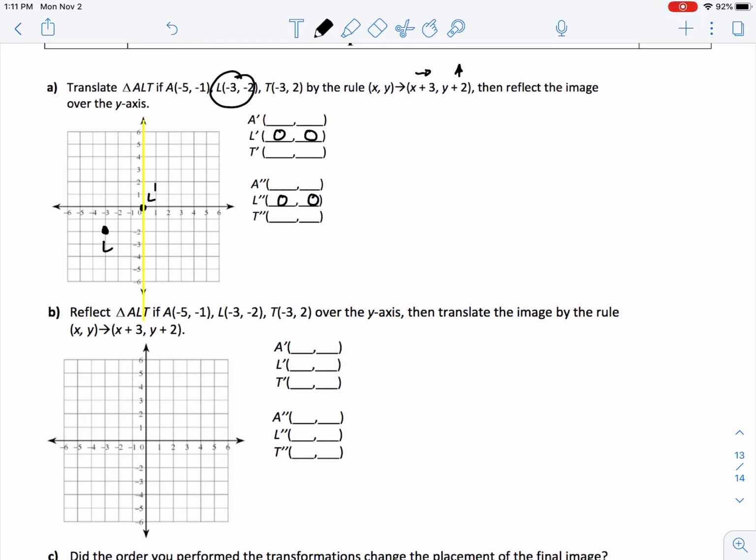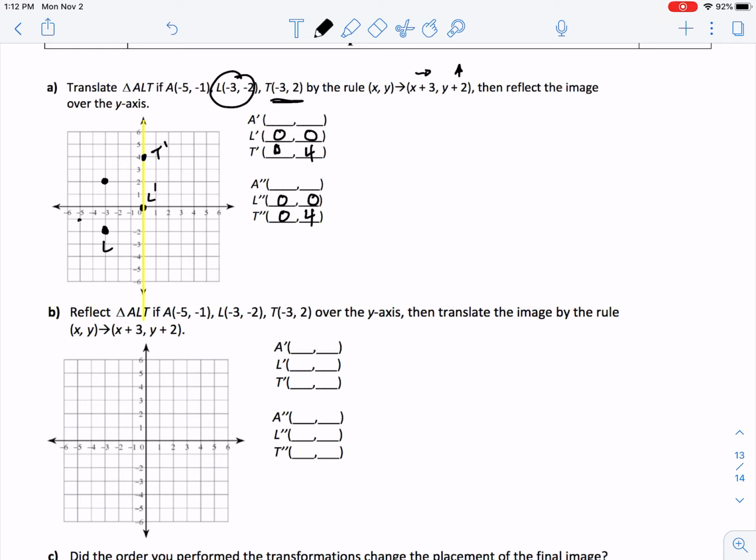Just because this one was weird, we'll do another one. So -3, 2. Go to the right 3, and then up 2. Again, this is T prime, so I'm at 0, 4. Again, reflect across this line. Because I'm on the line, it doesn't move.